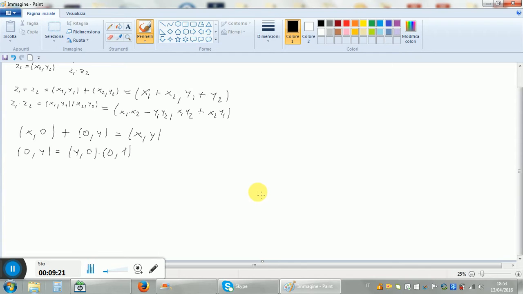Thus, each complex number that is not itself real can be written as the sum of a real number and a pure imaginary number.